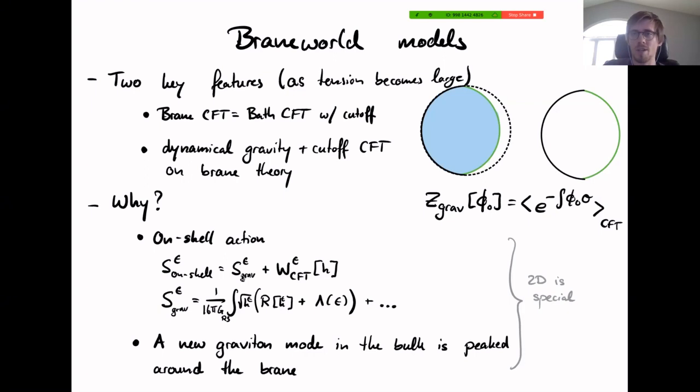So really, the situation around this brane, or integrating up to this brane, will give me some Einstein-Hilbert action, which comes from these terms I would usually subtract, plus a CFT with a cutoff.